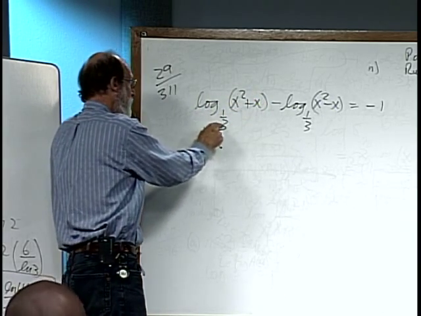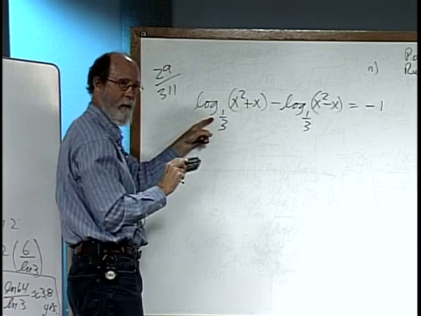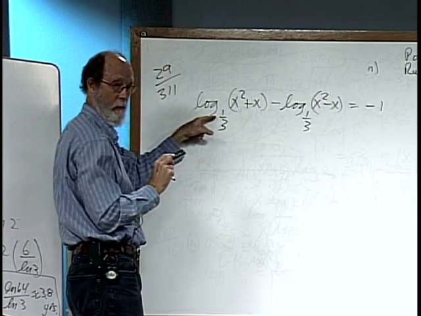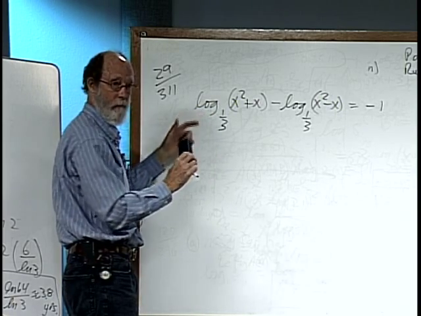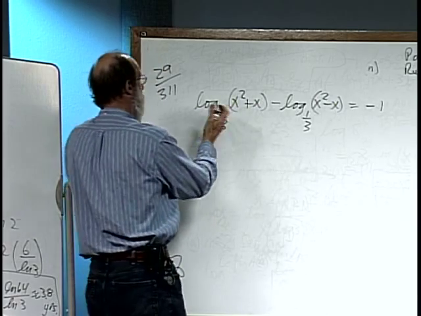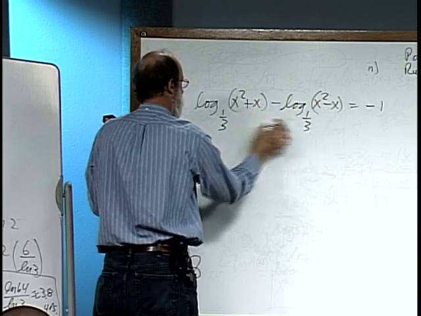I have not spent any time with you on logarithms whose base is smaller than 1. But here's one. And all you do is just use the same math that we've been doing. Notice we have a logarithm minus another logarithm, same bases.